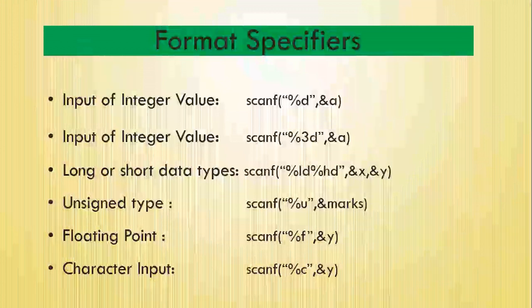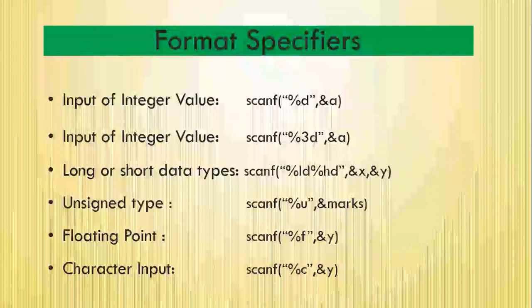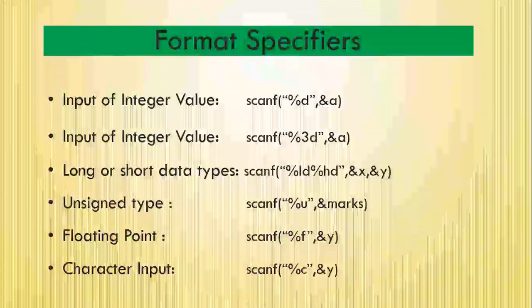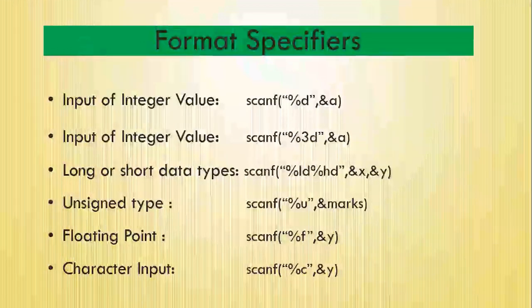Floating point values can be input using the %f specification. The field width is generally not specified for a real number, whether it is in decimal or scientific notation. In the following statements you can see %f and &y.